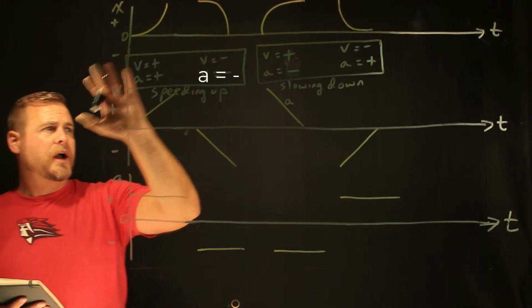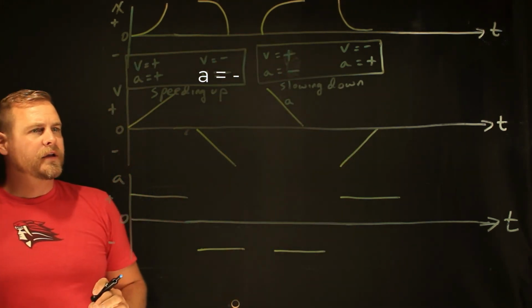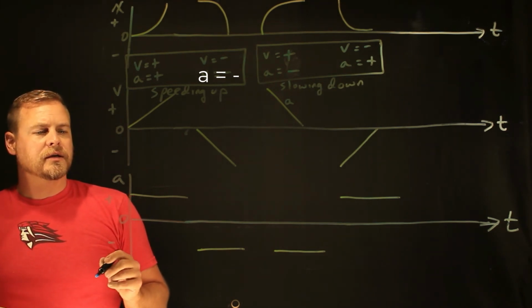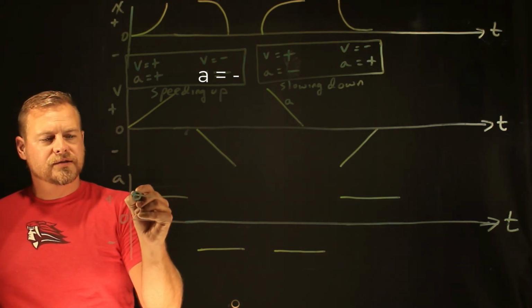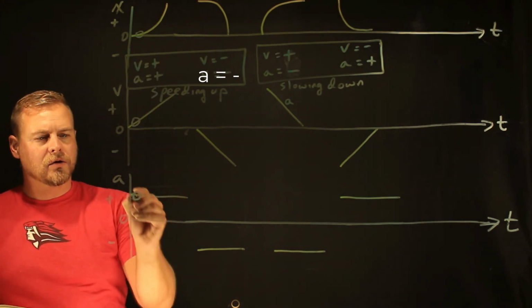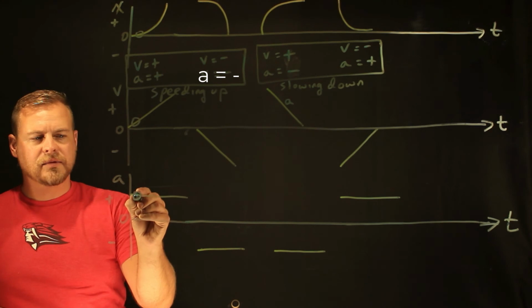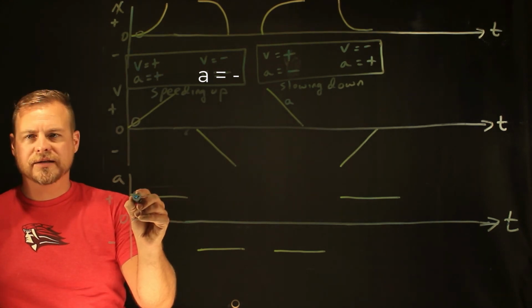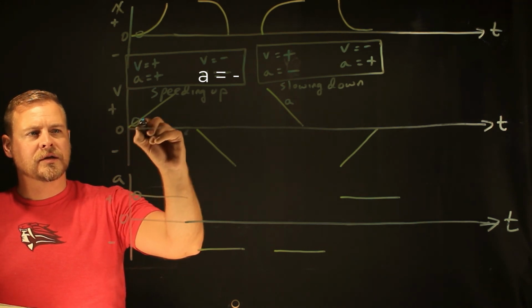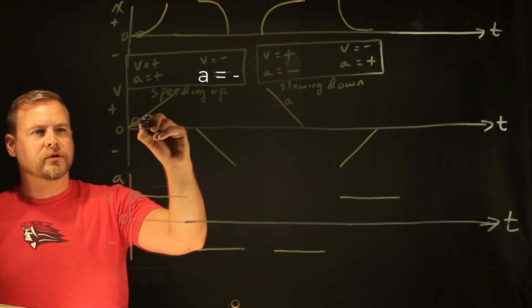So this is a lot of individual thinking, and the best way to think about these is pick points on the graph to try and identify, okay, this is a positive acceleration. That means that it's going to be a positive velocity slope graph like this. And what does a positively sloped graph mean?